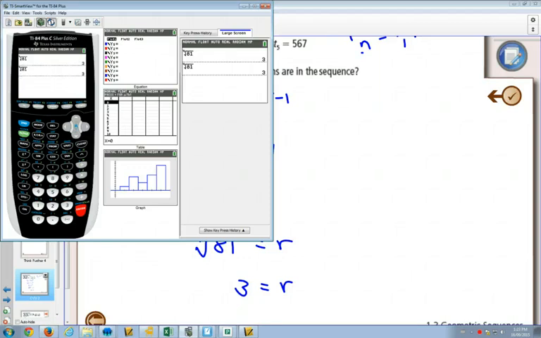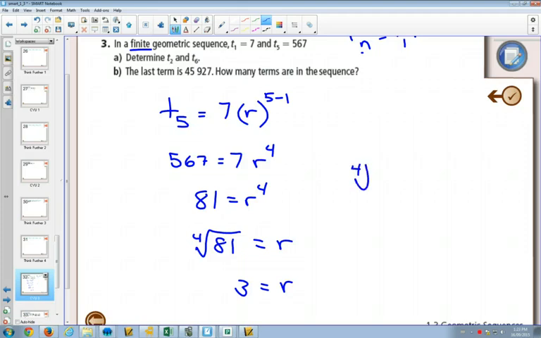Or if you remember from last year, you can change roots to exponents. How do I write a fourth root? As an exponent of, not squared, not cubed, but 1/4.